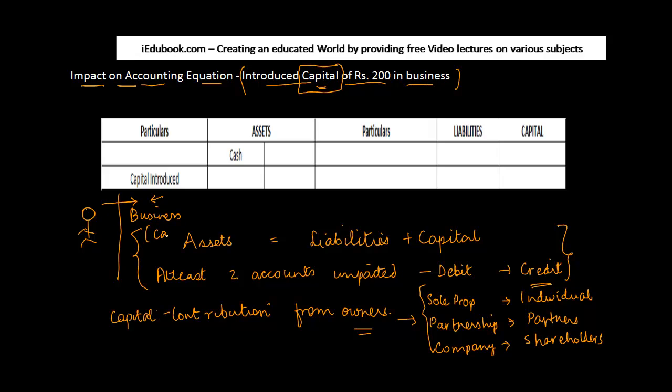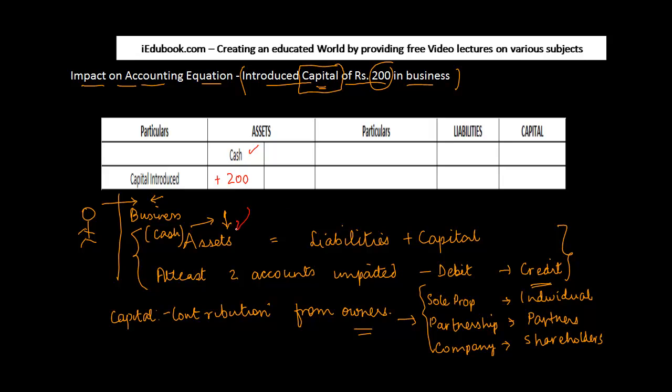The business will receive cash or bank as the case may be, right? Cash, we know, is an asset. And how much cash is received? 200. So since cash is received by the business, the balance of cash which is indicated here is going to increase by 200 rupees, right?